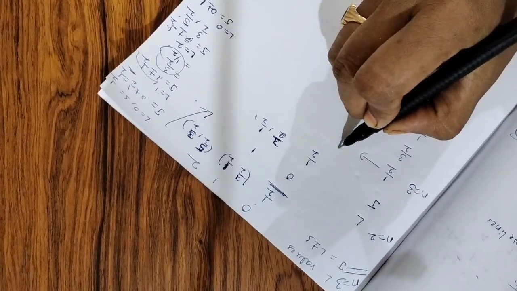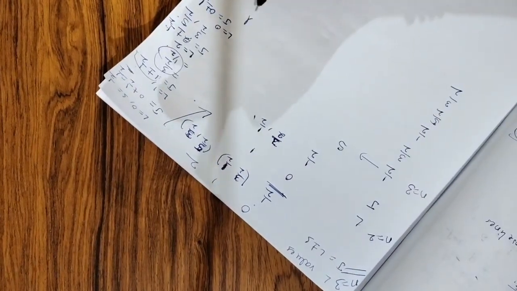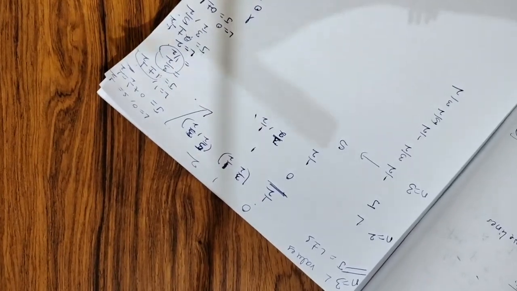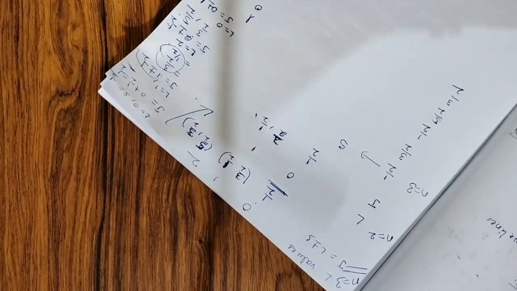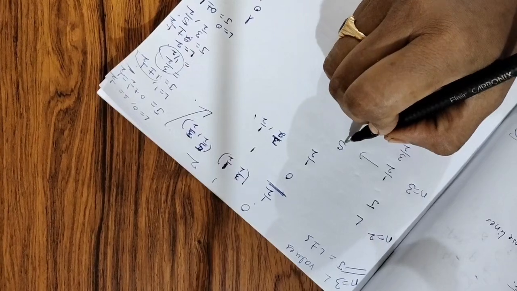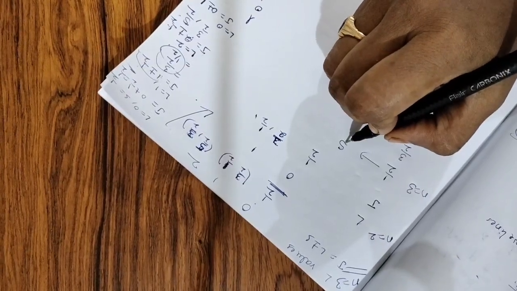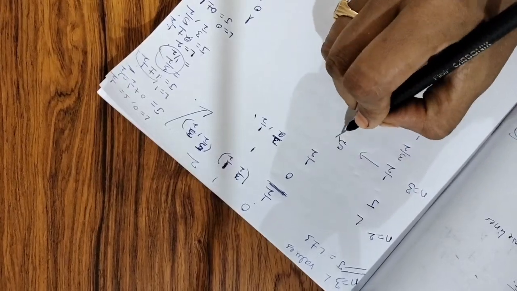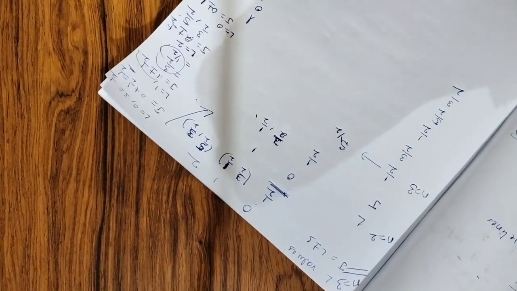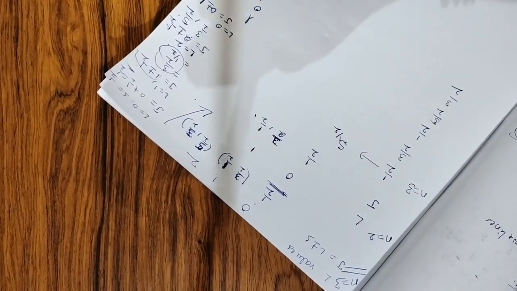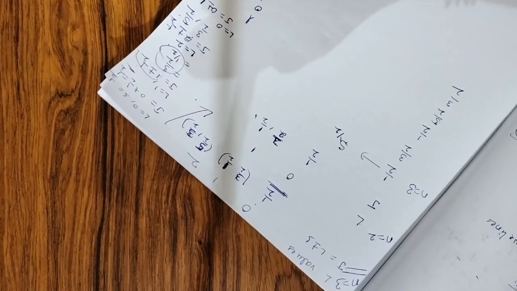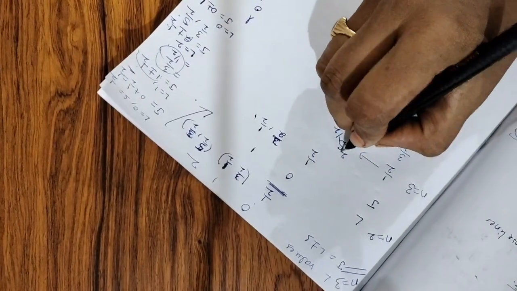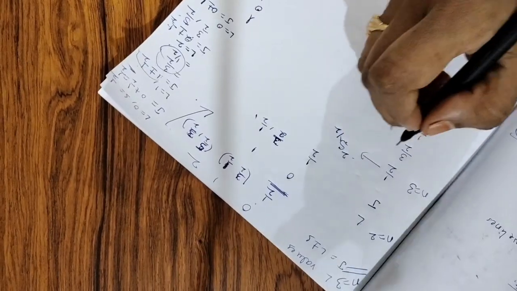Again I am writing L. 0 means S, 1 means P, 2 means D. Now next, what is the J value for S? 1 by 2. Now what is the multiplicity? 2S plus 1, 2 times 1 by 2 plus 1, 2. Multiplicity we will write here.